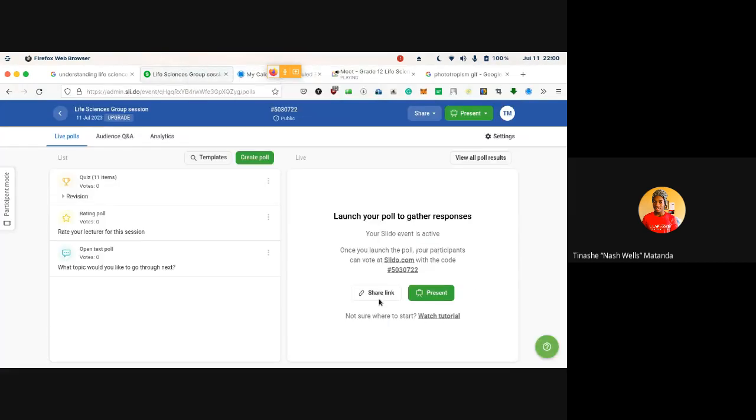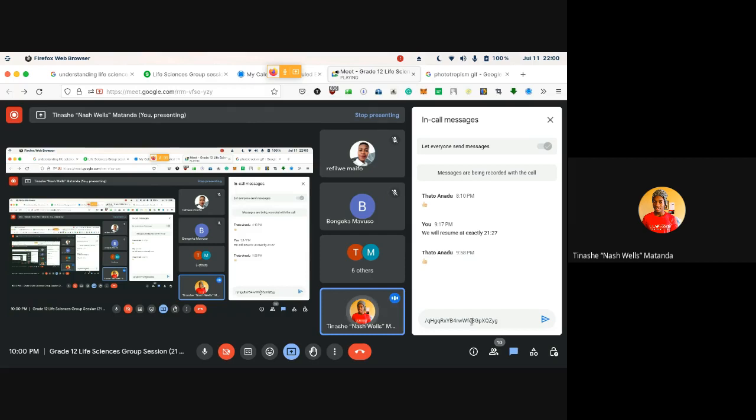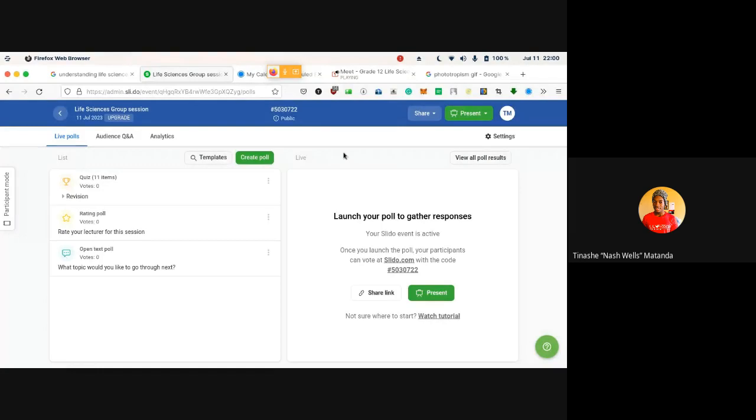I'm going to paste the complete link there. So you guys are going to go to Slido. Yes, I've pasted the link there now. Just respond if you got the link now.